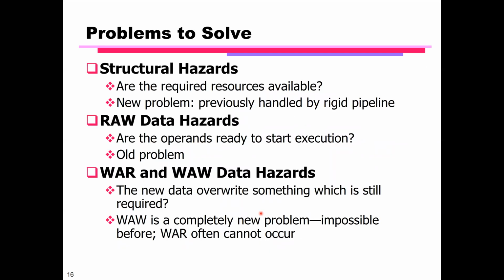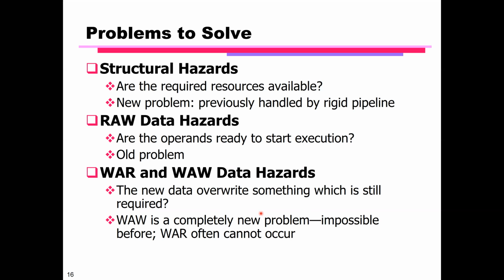So we have essentially 3 problems to solve. One, which we just mentioned, are structural hazards. What does that mean? Before we had only control hazards and data hazards: a control dependency that we don't know how to handle, and data dependencies that we don't know how to handle.